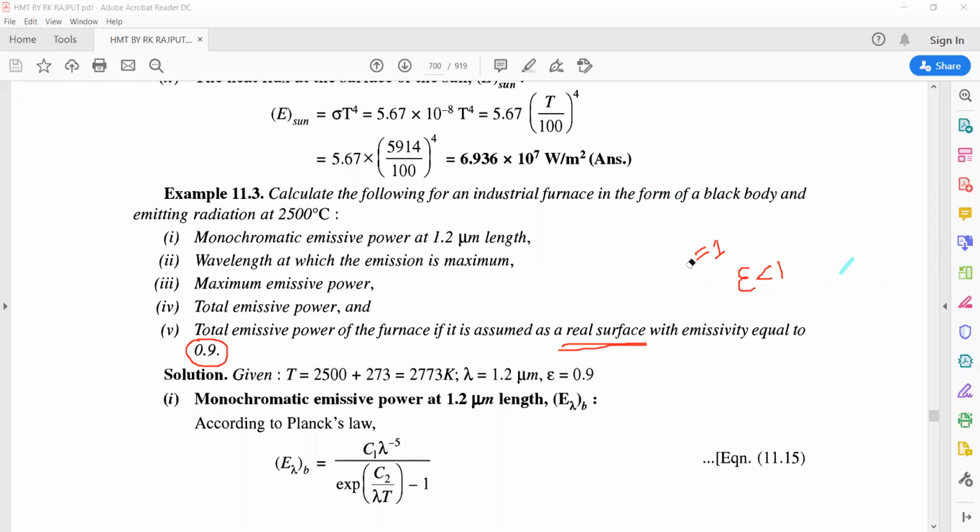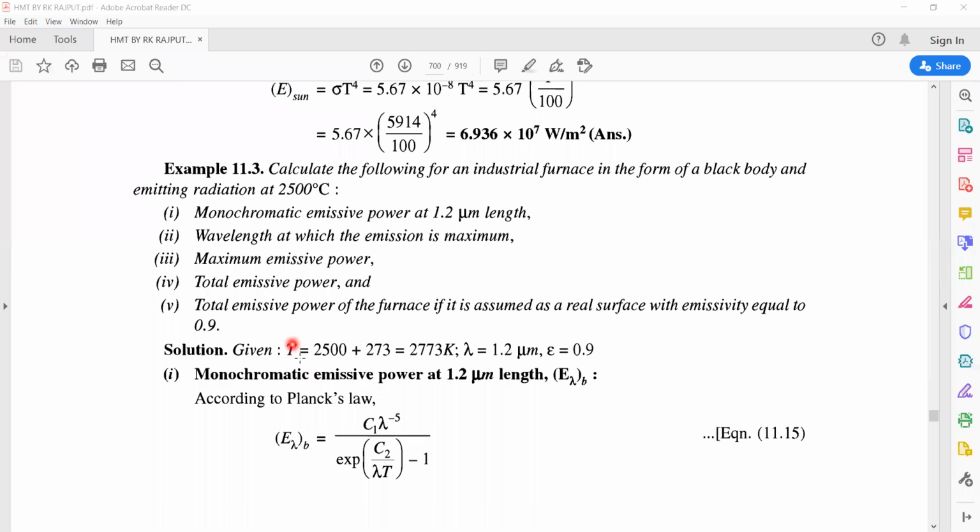Now let's write down the given data carefully. The temperature T equals 2500 degrees centigrade. So convert it into kelvins, 2773 kelvins. The lambda is given, monochromatic emissive power at 1.2 micrometer wavelength.